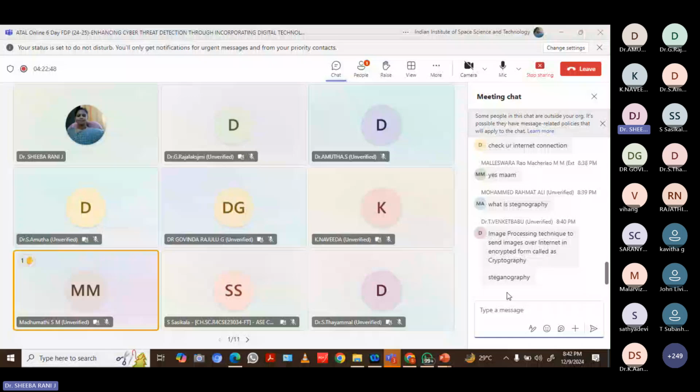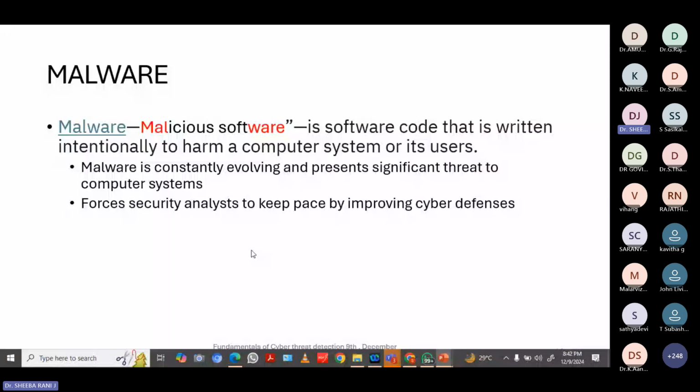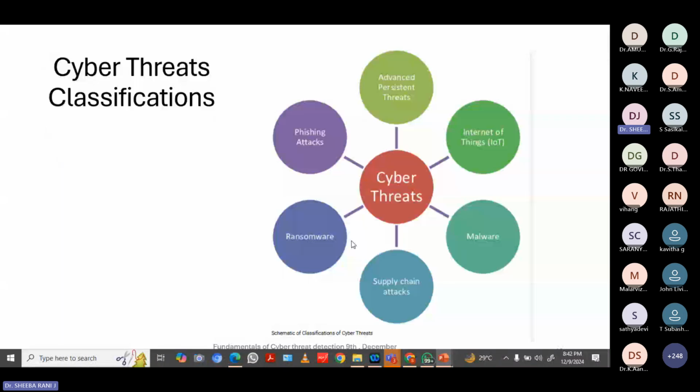So malware. We have now seen cyber threats. These are all very critical attacks or threats. Ransomware is common, used everywhere, but still it is an unsolved problem. Every malware is malicious software. Hackers or intruders are making very complex code which corrupts the system without our knowing which part is corrupted.